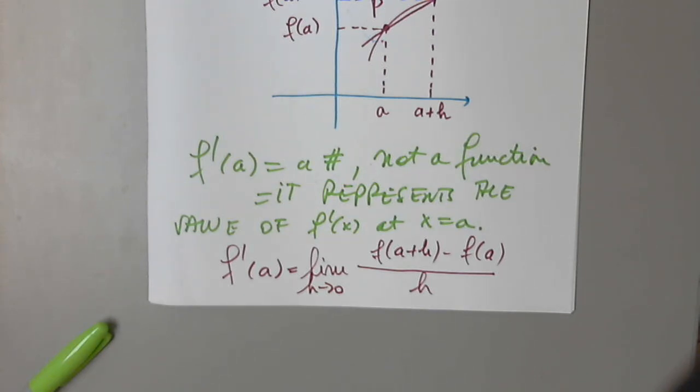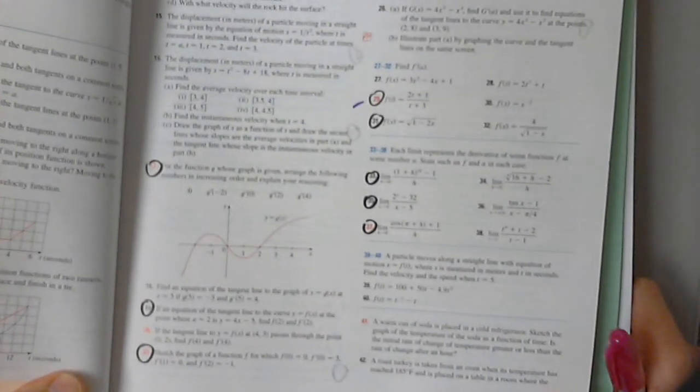So I would like you to next choose a problem, and then I'd like to look at some word problems. Find f prime of A using the definition. We work on a square root, on a cube root, on the cubic function.